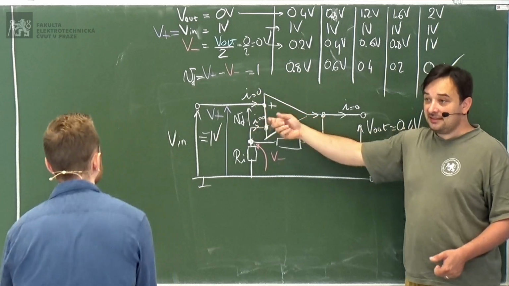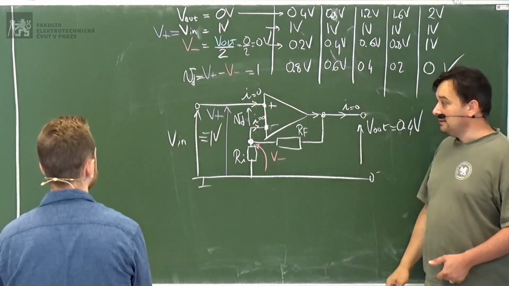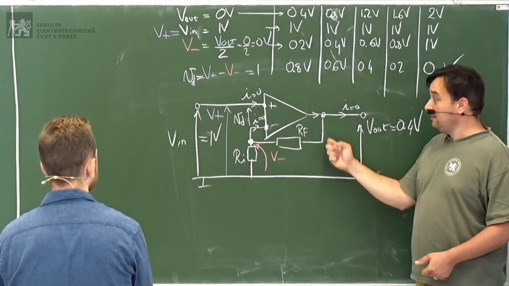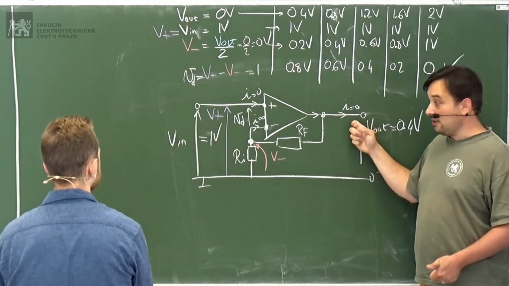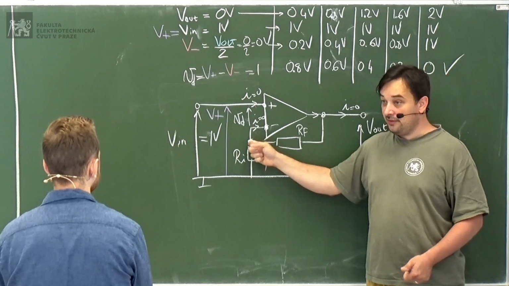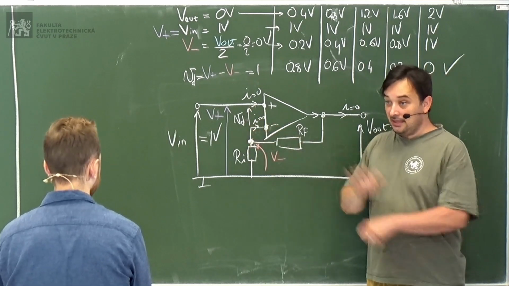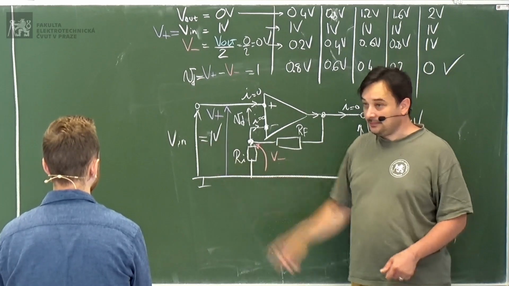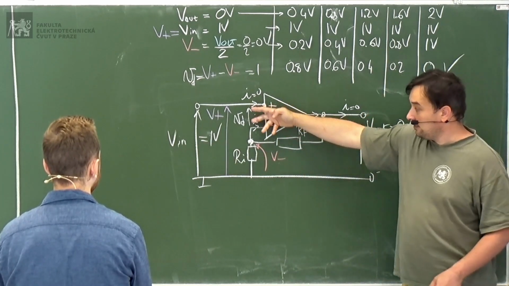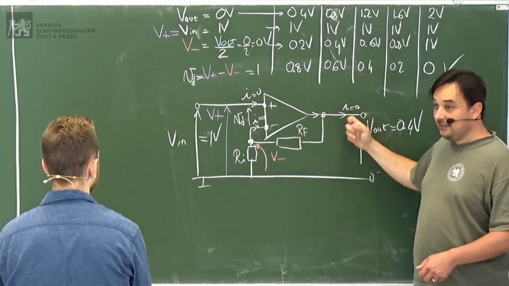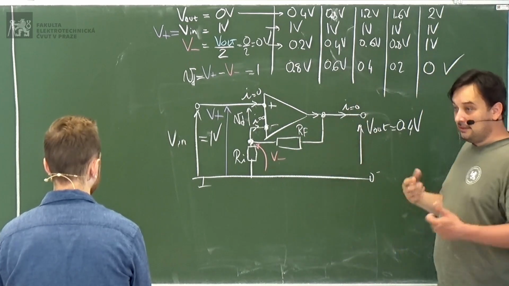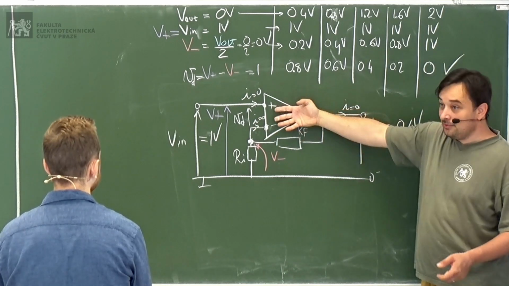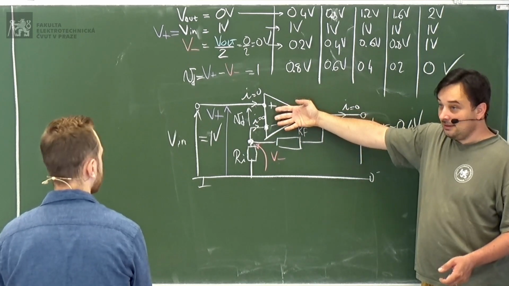If it feels that the difference is positive, it has to increase the output in order to have the same voltage here and 0 input voltage. If you have a negative difference of voltage, it will decrease the output in order to get, again, 0 volts here. If you flip this input, the opposite will happen.